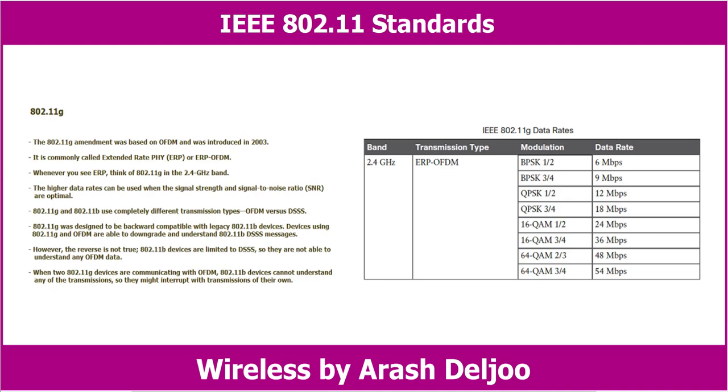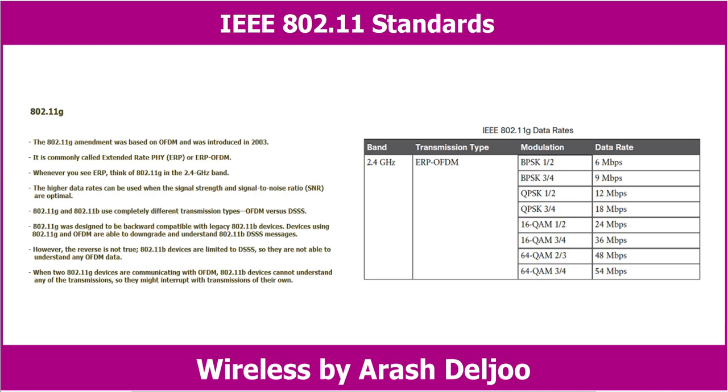Notice that 802.11g and 802.11b use completely different transmission types, OFDM versus DSSS. This means that 802.11g and 802.11b devices cannot communicate directly because they cannot understand each other's RF signal. Oddly enough, 802.11g was designed to be backward compatible with legacy 802.11b devices.